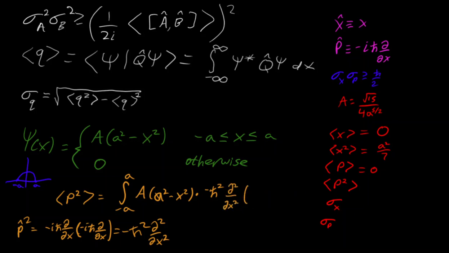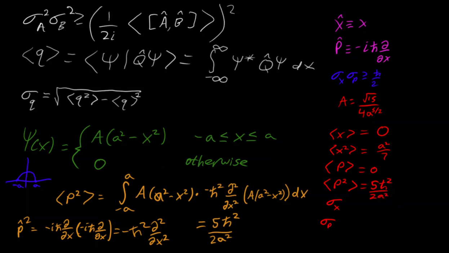Right, the second derivative of a squared minus x squared, then that dx. So you take the derivative, then take the derivative again, you plug in these values for a, you do the integral, and in the end, you will get 5 h bar squared over 2a squared. So if I write that here, this is 5 h bar squared over 2a squared.